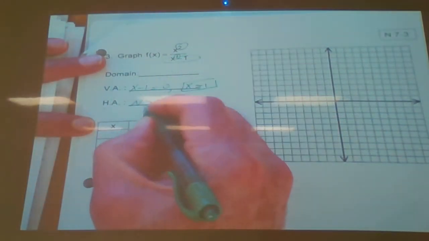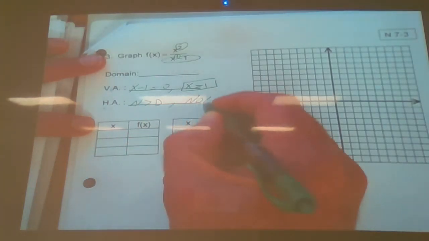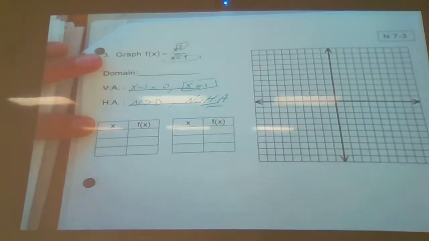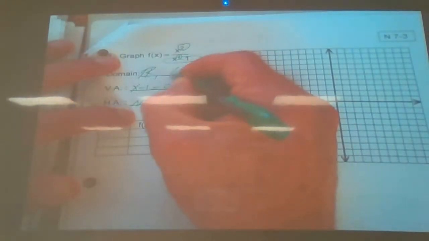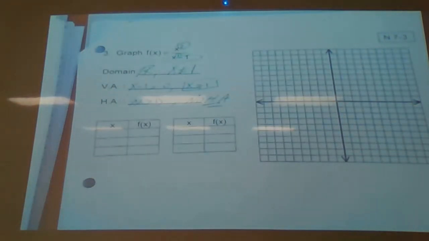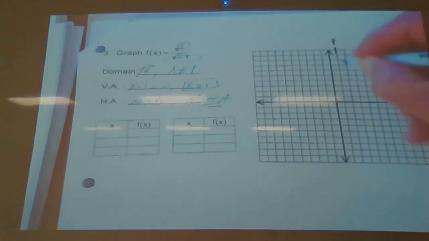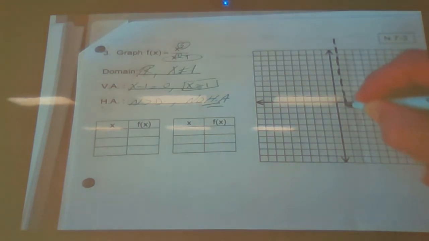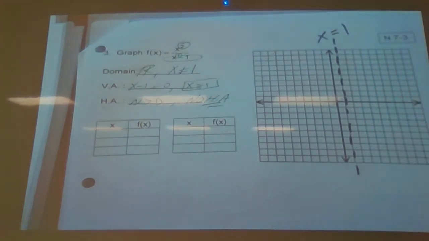This is the case when the degree on the top is bigger. So that tells me there is no HA. Of course, the domain is going to be all real numbers except x cannot be 1. So for this one, at x equals 1 we have a vertical asymptote. There is no horizontal asymptote.